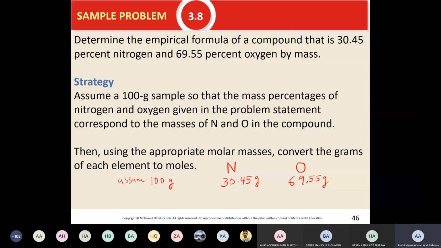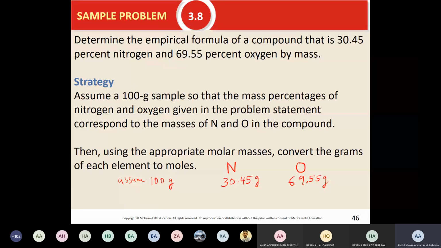You cannot relate things by gram, but you can relate things by mole. Can you find how many moles of nitrogen are available in 30.45? What should you do? Divide by the molar mass, not the atomic mass.